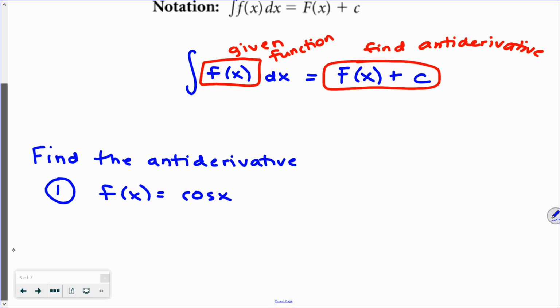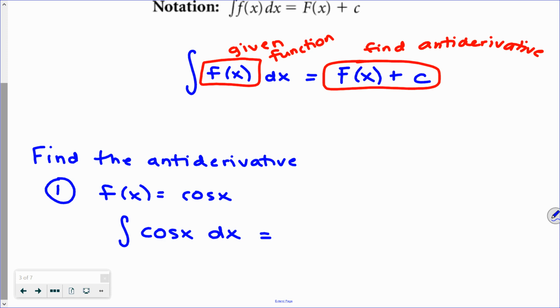I want you to go along and write the antiderivative, also known as the integral. So you'll hear me say the word integral a lot. The integral of cosine x dx. So in place of f of x in the formula, I want you to actually fill in the function that's given. Put a dx there at the end to indicate that's the end of your integral. And then I want you to, on the other side of the equal sign, come up with the antiderivative.